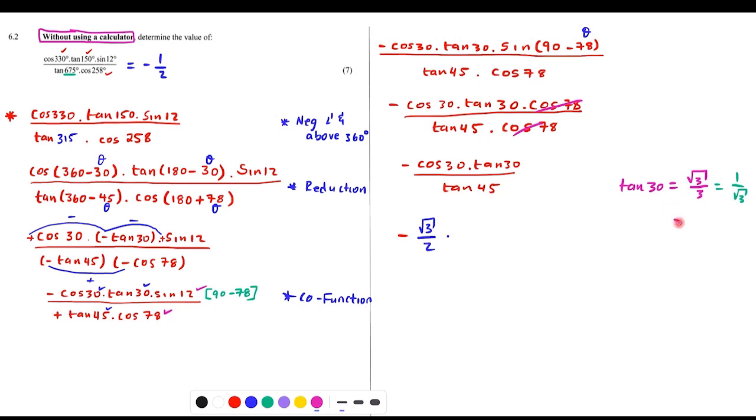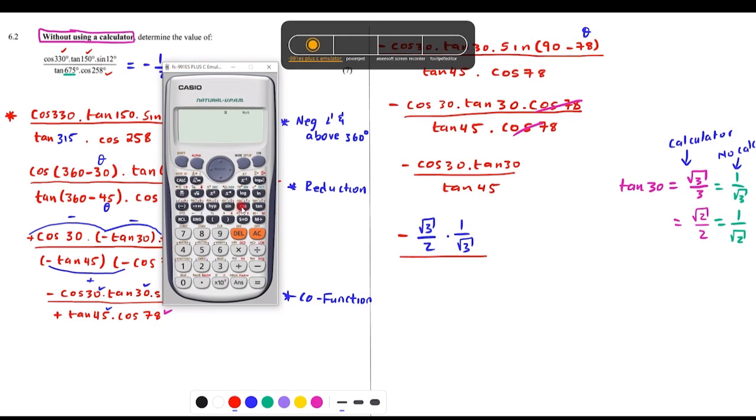But if you find another answer being square root 2 over 2, it means you need to change it into 1 over square root 2, because this one shows that it came from a calculator, but this one means no calculator. That's basically what it means, right? So here we have 1030 as square root 3 over 3, but we're going to write 1 over square root 3 here. Then let's press the last one, 1045.